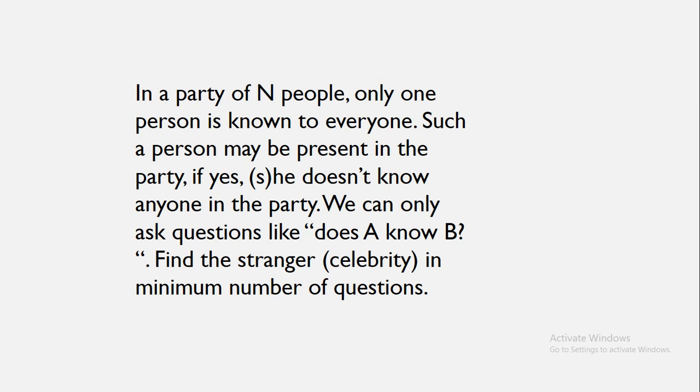So, it's like we are having parties, like us people asking, do you know this person? So find the celebrity in the minimum number of questions. Here in the celebrity problem, we can describe the problem input as an array of characters representing the people in the party.